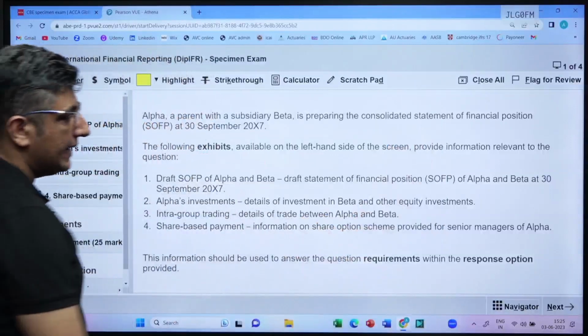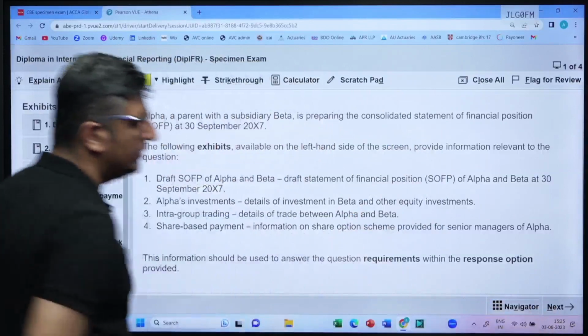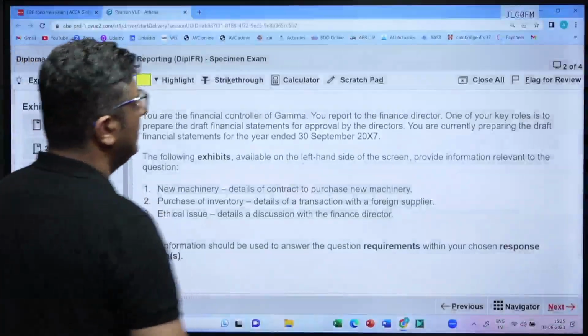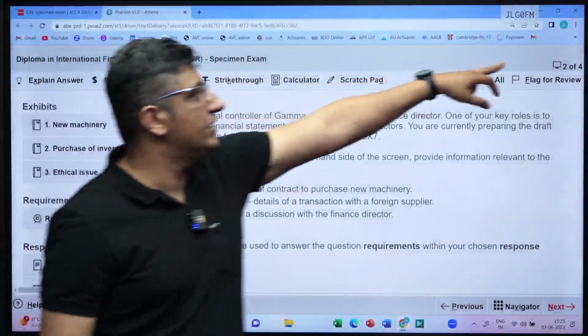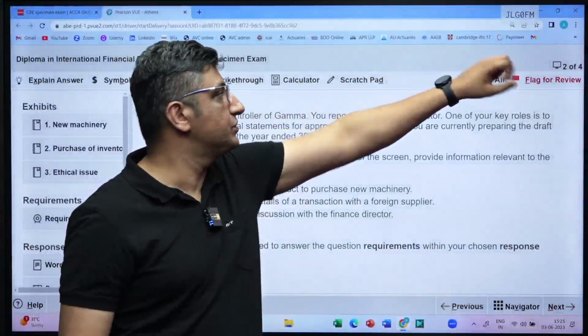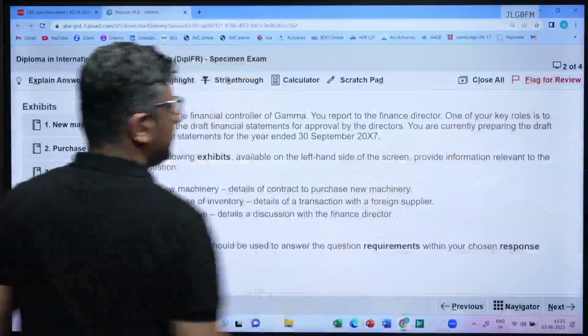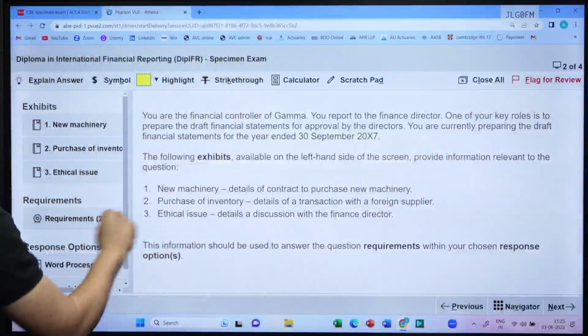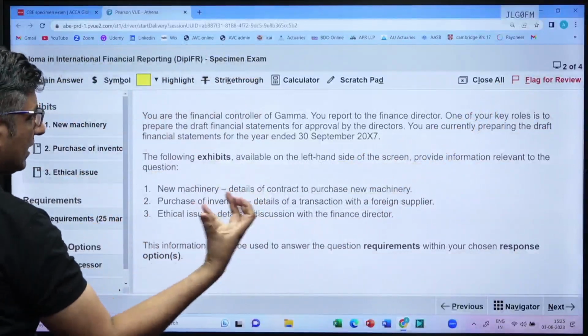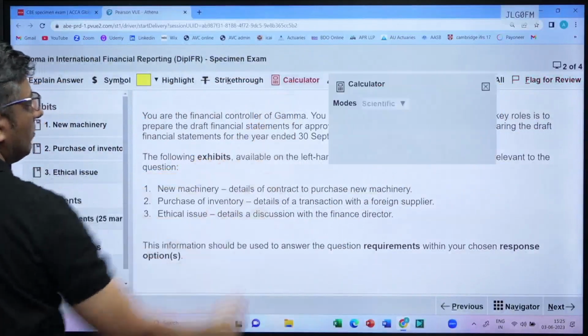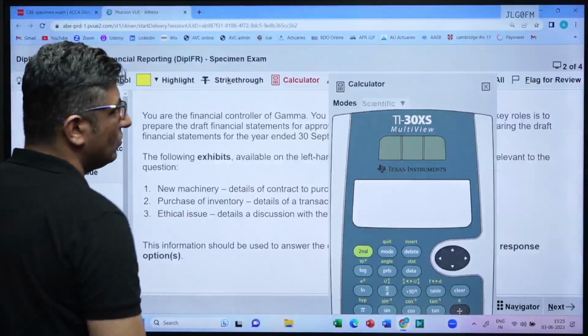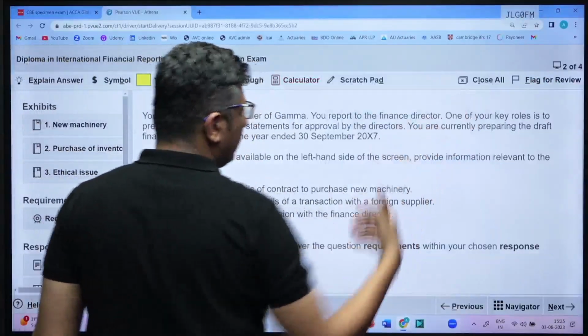Now, I can click on next, okay? And this is where my second question starts to appear, as you would see. Now, I've just done a flag for review, but I can remove that as well, doesn't matter. My options, when I look at my content, we talked about the calculator, but it's okay to not use it because I may not be required to do that.